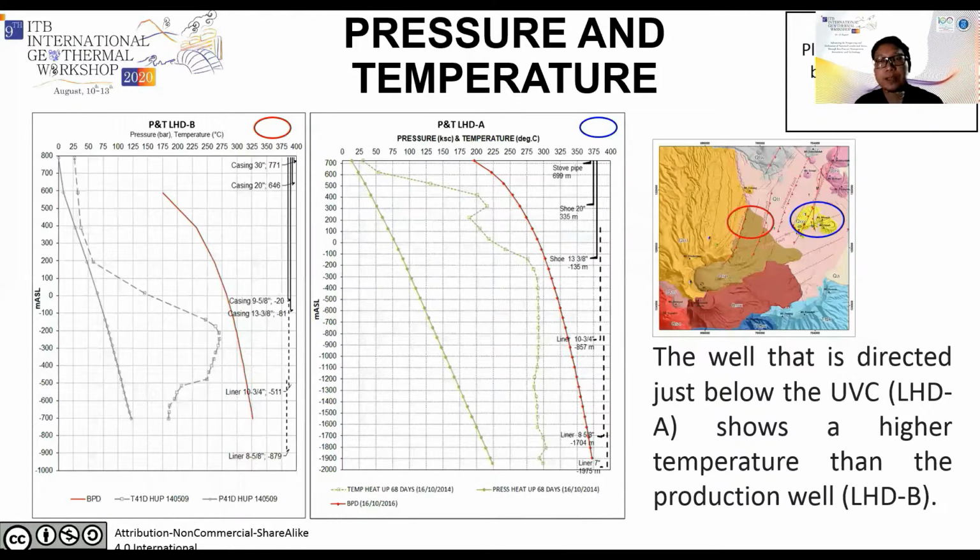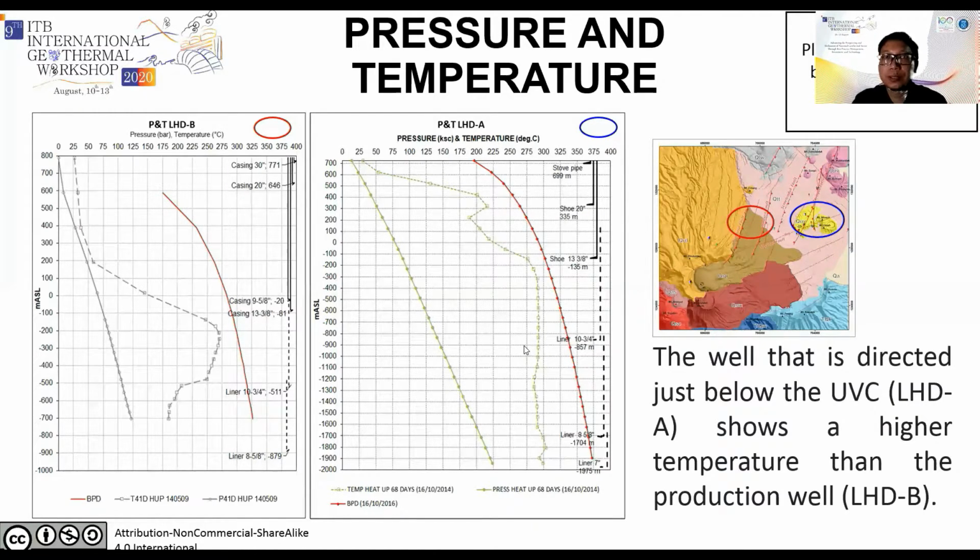This is pressure and temperature data from the borehole. The well that is directed just below the UFC, LSDA, around here, shows a higher temperature than the production well in LSDB, around here.